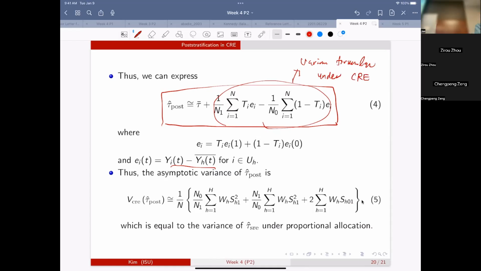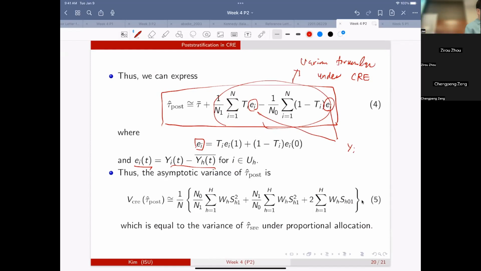In the completely randomized experiment, our estimator uses yi, but now we have ei, which is a residual error term from the regression of y on the strata means.